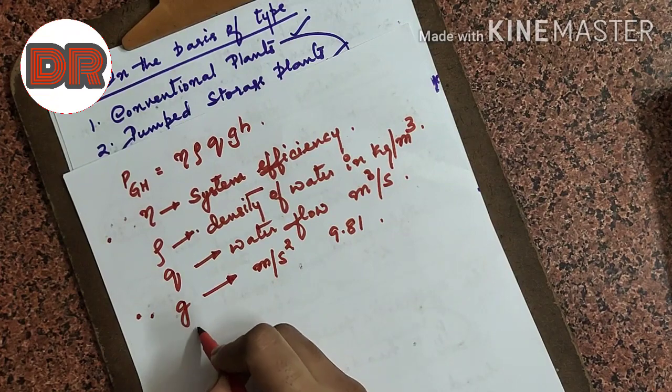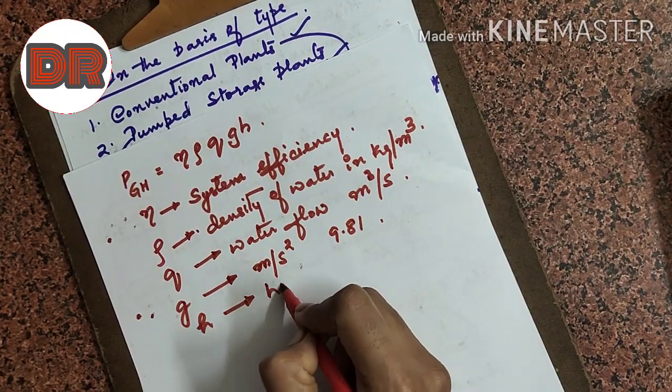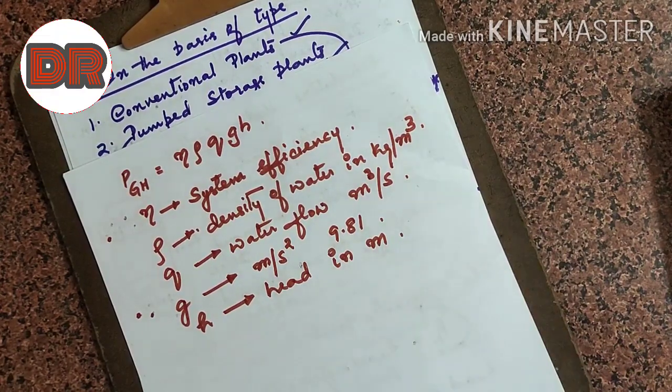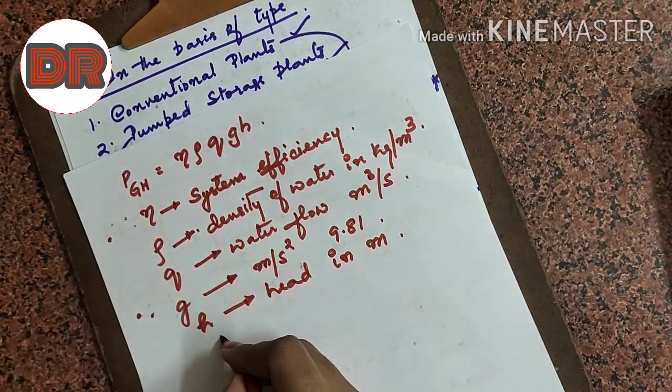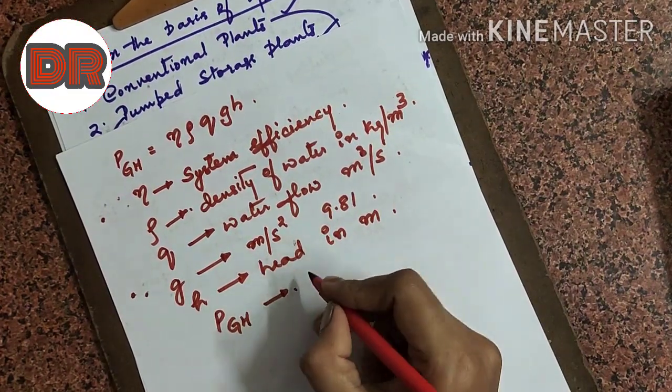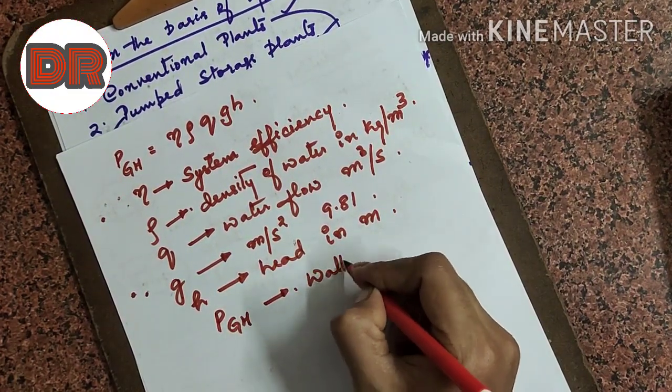H is the head in meters. And the unit of PGH is watt, as it is a generated electrical power.